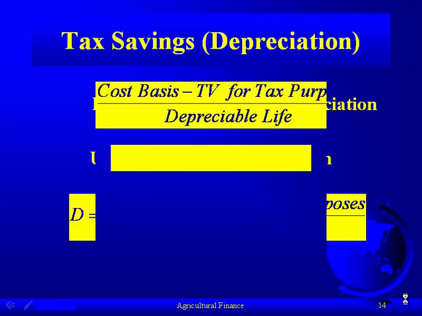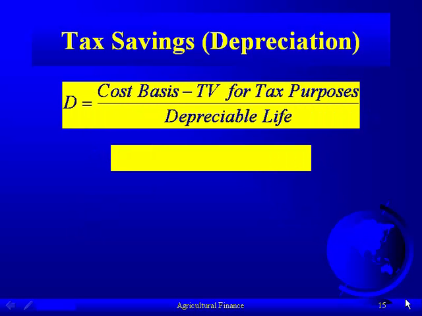The cost basis is typically the cost of the equipment or purchase. However, if you're purchasing new equipment and you're selling or salvaging the other one, there might be a different tax basis. But for this class, I'm not going to get into the sophistication of the nuances of calculating depreciation. For this class, it's safe to say that cost basis is going to be the cost.